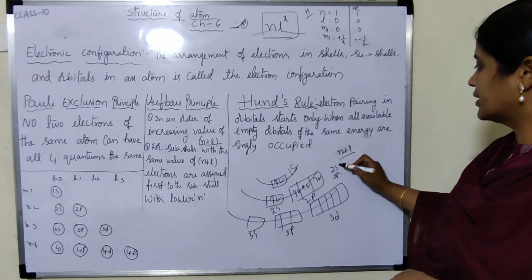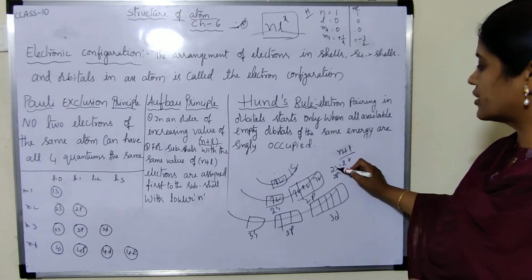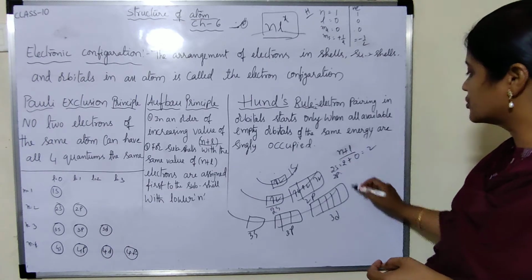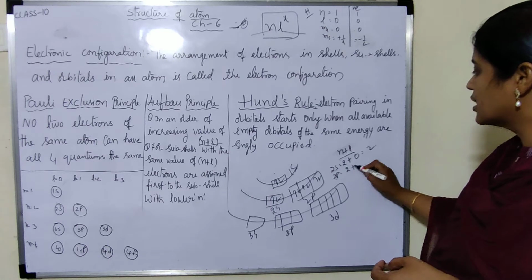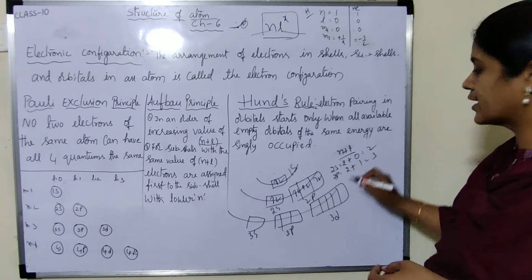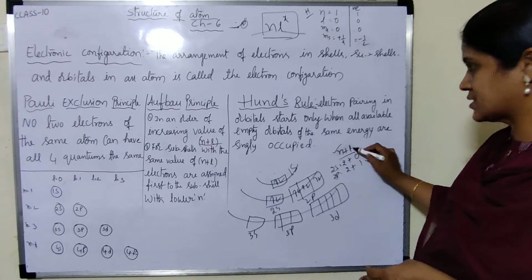So here n means 2. For s, the l value is 0, so you are getting 2. For 2p, n is 2 and the l value for p is 1, so you are getting 3. So first find out the n plus l values.